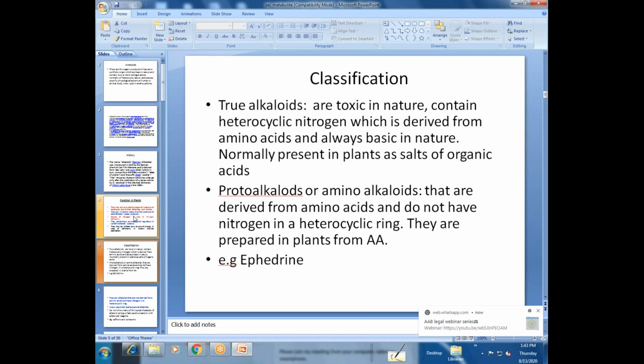So coming to the true alkaloids, they are toxic and contain a heterocyclic ring structure in which nitrogen is present. They are derived from amino acids. They are always basic in nature. These are the four properties which you have to remember. The fifth one is they are salts of organic acids.